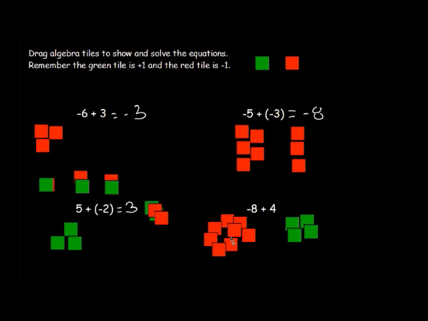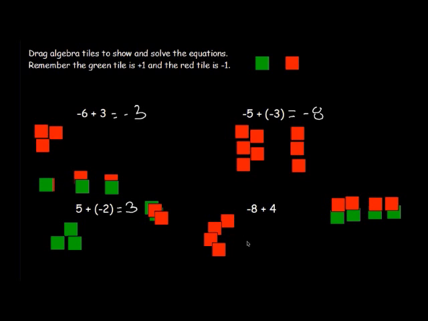So you should see that I got a lot more negatives, so my answer is probably going to be negative, but let's check it out and see. So I'll make my zero pairs. So I have 4 reds left, so that means I have negative 4 as my answer. So negative 8 plus 4 equals negative 4. So that's how we do it with our algebra tiles.